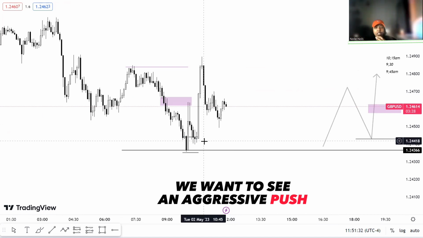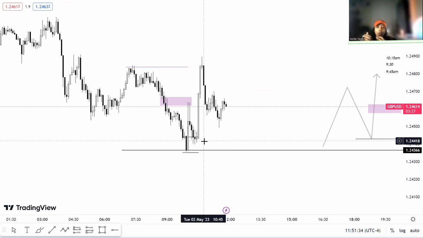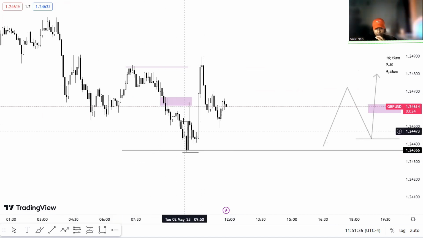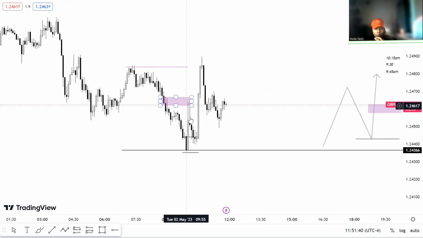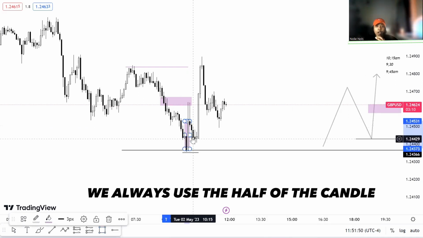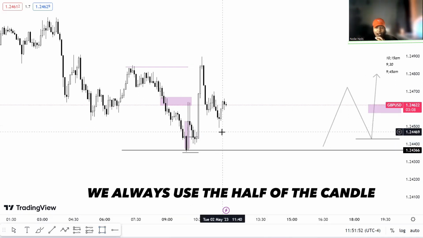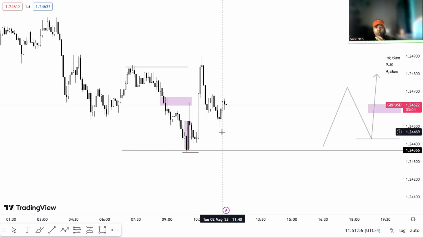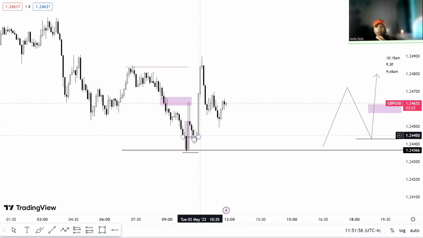We want to see an aggressive push to the downside for those buys. We want to see price pushing up to take us to the recent fair value gap and then push aggressively down to the order block, or in this case, it pushed down to the fair value gap over here. We always use the half of the candle. If you look at my previous videos, you can see that I always use the half of the candle, and then you can push price to the upside.